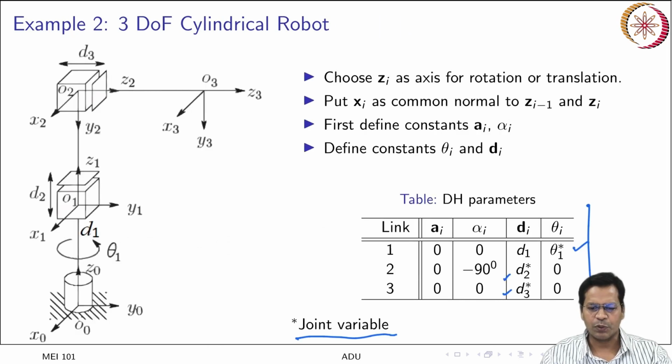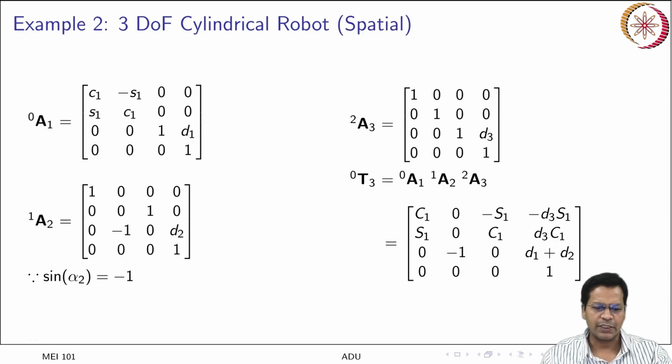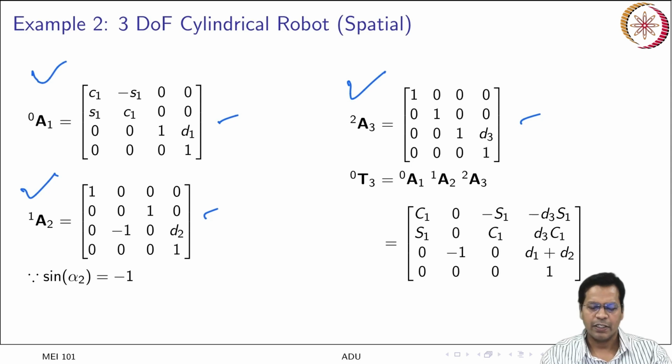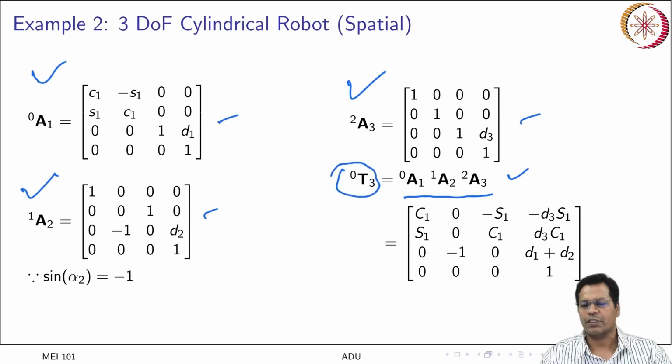If I substitute my DH parameter values into the link transformation matrix, I will get A01, A12, A23 like this. You can try doing it yourself, and concatenating all of them, taking the product, you get the forward kinematic transformation matrix, a 4 by 4 homogeneous transformation matrix like this. Okay, so this is your forward kinematic transformation matrix.